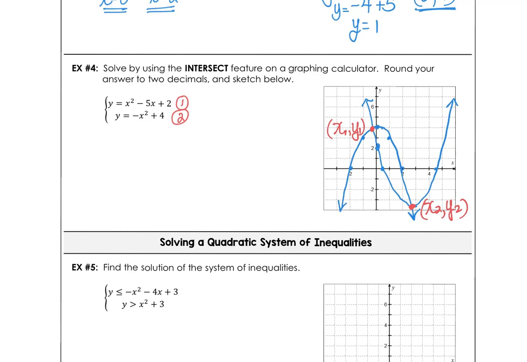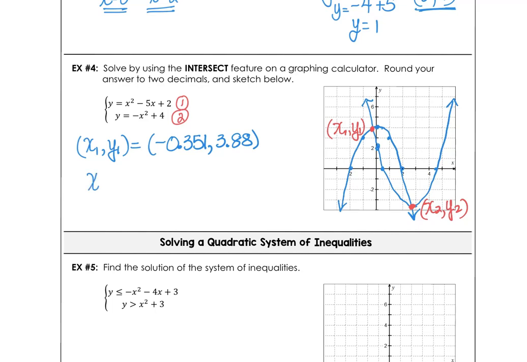So using that intersect feature, the x sub 1, y sub 1 ordered pair looks like it's about negative 0.351 and positive 3.88.